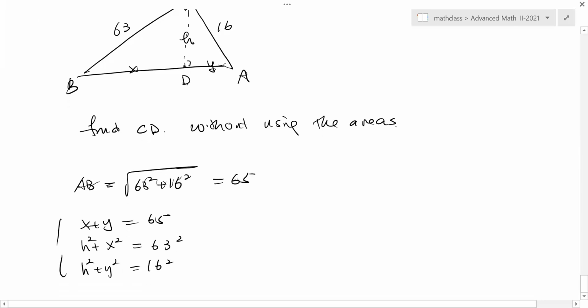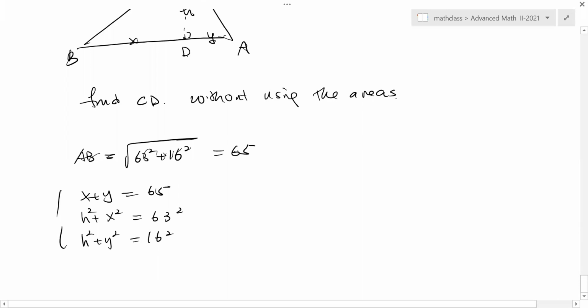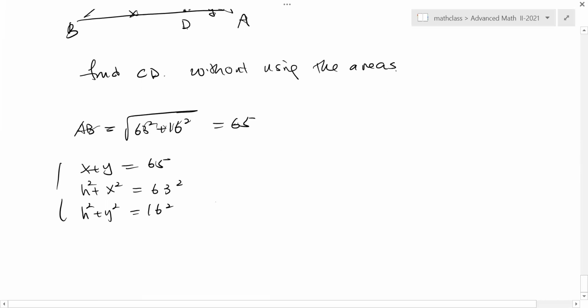So now you have three equations, three unknowns, X, Y, and this H, right? So you can find X and Y. I think we should find H, X and Y first. So that's equation 1, equation 2, equation 3.